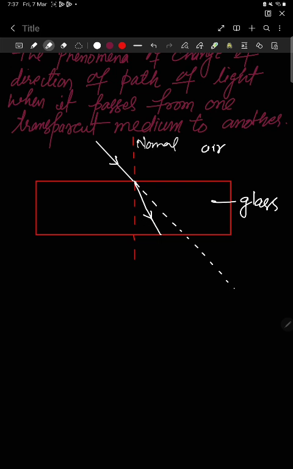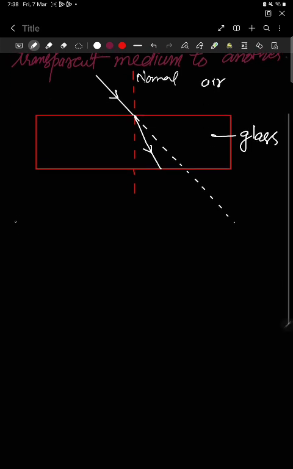Here I have shown in the figure that the light ray, after refraction, has bent towards the normal. There are two cases, either it will bend towards the normal or it will bend away from the normal. It will depend on the medium through which light is coming. So there are two cases, let's discuss.